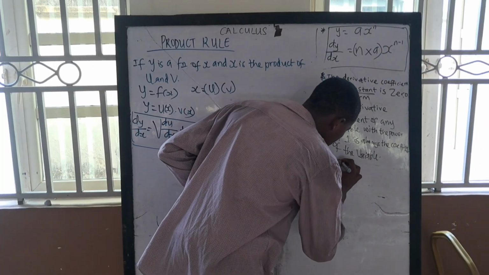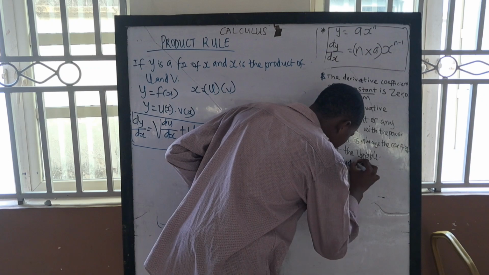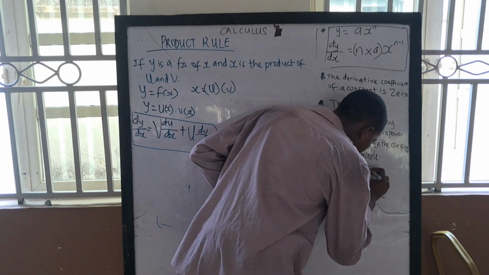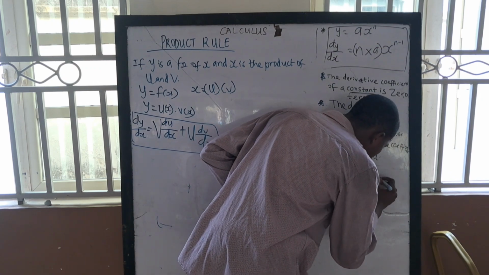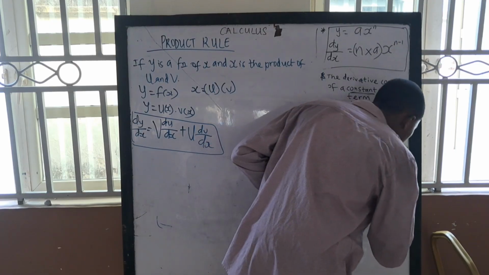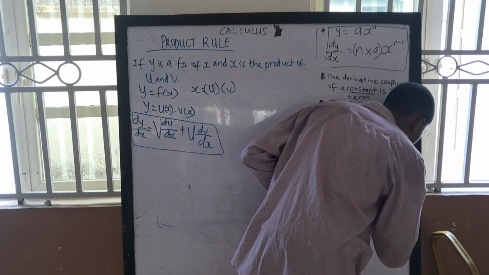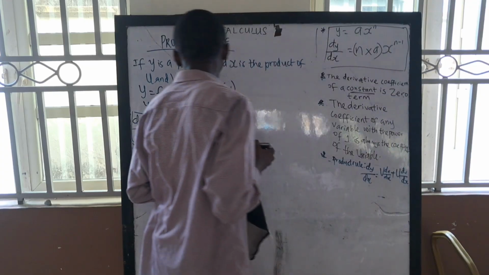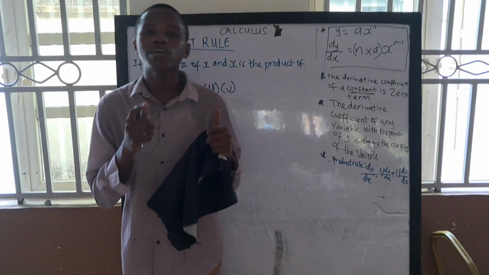Product rule: dy dx equals v du dx plus u dv dx.